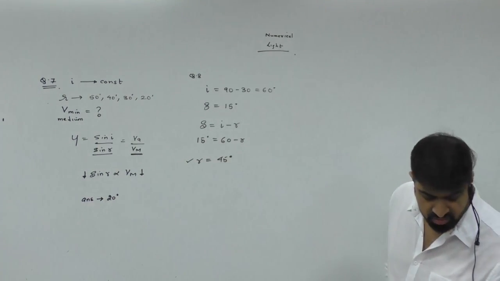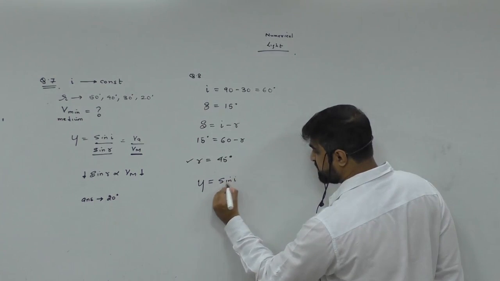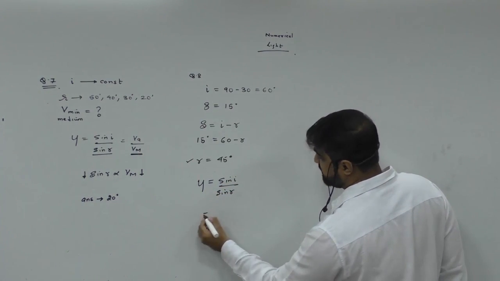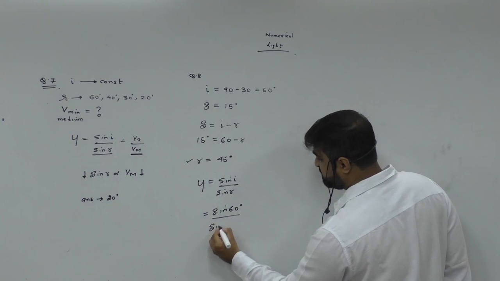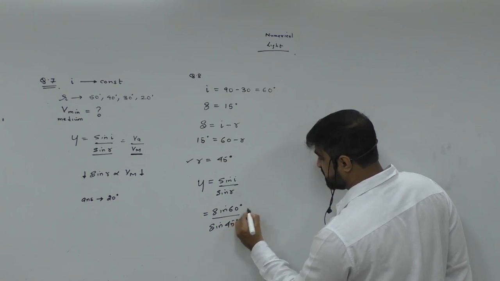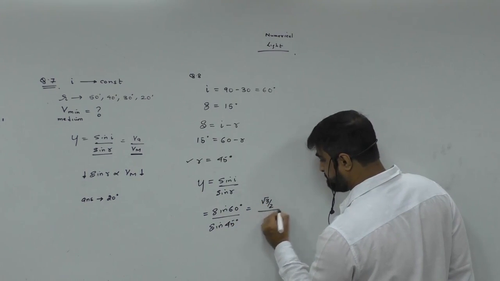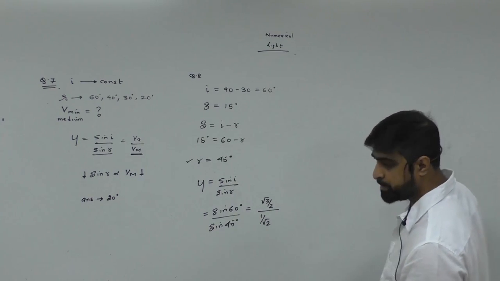हमको क्या चाहिए? रिफ्रैक्टिव इंडेक्स म्यू. म्यू का फॉर्मूला क्या बेटा? साइन आई बाय साइन आर. म्यू आई डोंट नो. साइन आई 60, साइन 45, साइन 60 is what? √3 by 2. Sin 45 1 by √2. You getting it now?